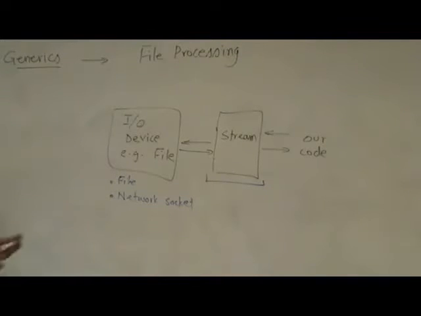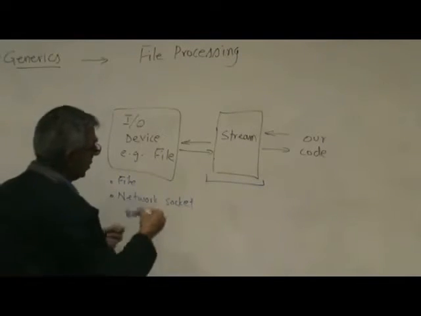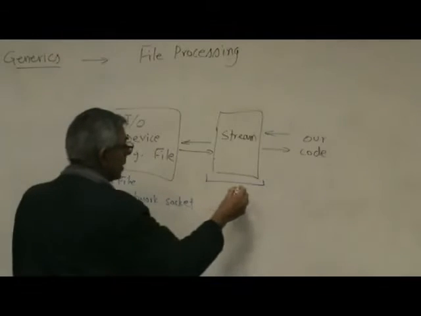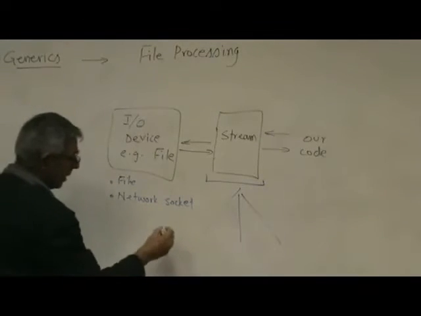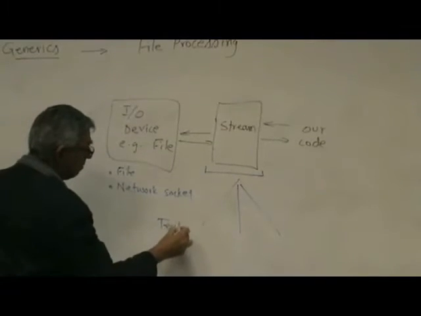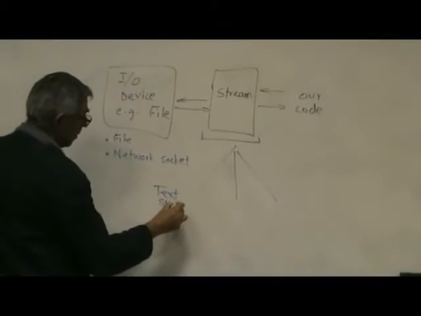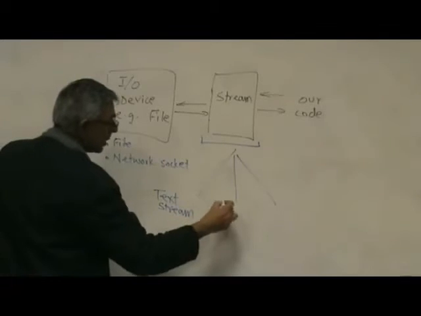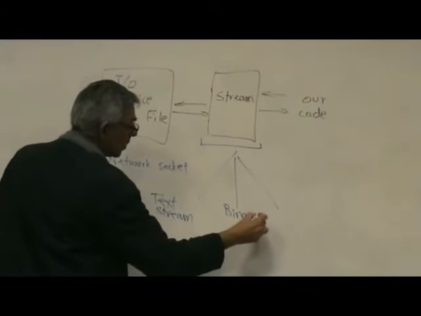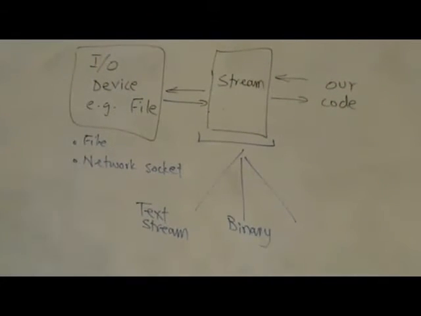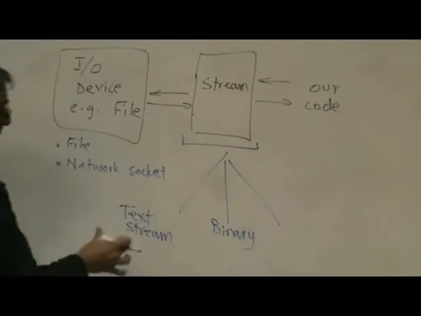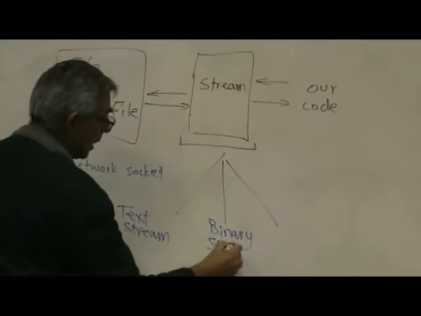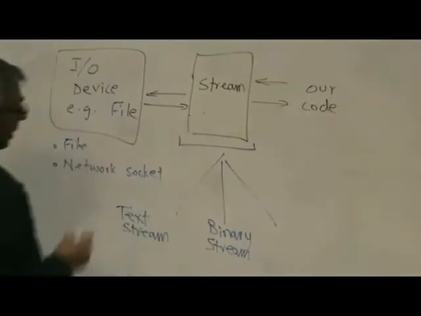The concept that you need to know now is that there are different kinds of stream objects. There's a text type of stream, and there's a binary stream. For example, if the file is an image file or a multimedia file, that would be a binary type of stream that we will need to associate with the file.